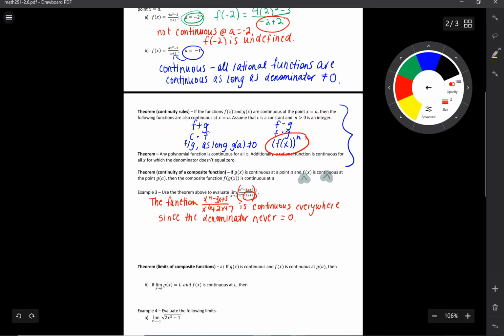And because our inner function is continuous, I'm going to use this rule right here that tells me that my function raised to the power of 5 is also continuous. So I can just plug in my limit point, x equals 1.